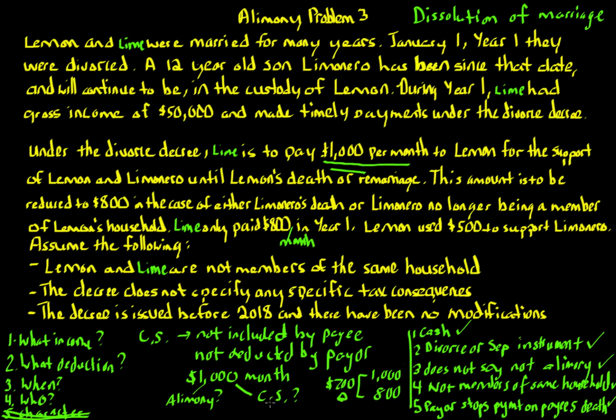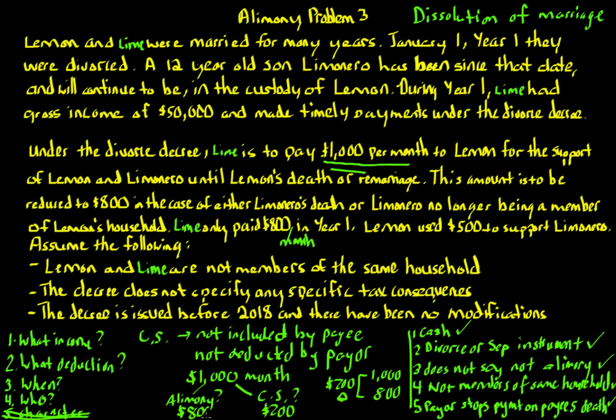That's what the tax law states in Code Section 71. So here, that $200 is child support. The alimony is the difference, or the $800 in the case that there's no longer the child to be worried about.